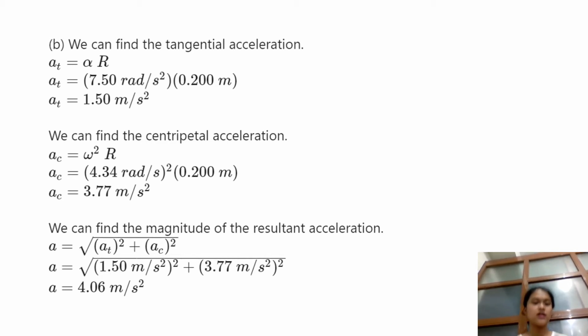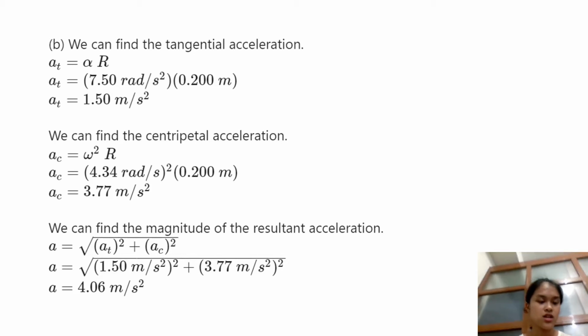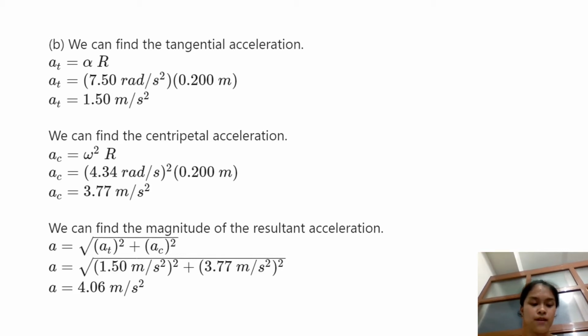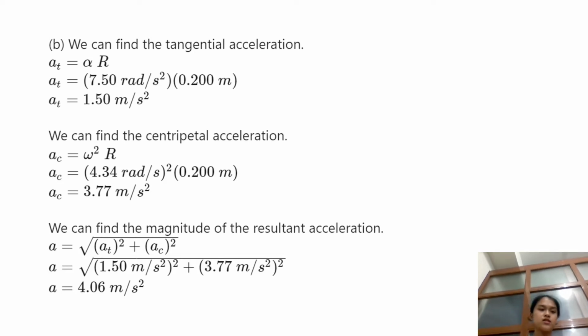Using the centripetal acceleration and tangential acceleration, we can now find the resultant acceleration using the Pythagorean theorem. Resultant acceleration equals the square root of tangential acceleration squared plus centripetal acceleration squared, and we get 4.06 meters per second squared.